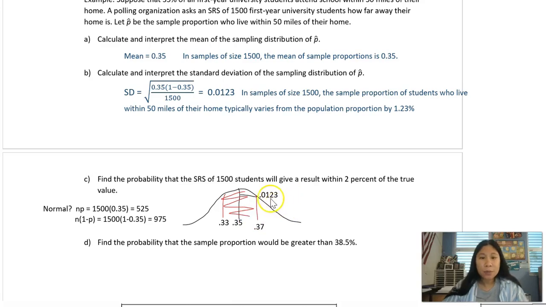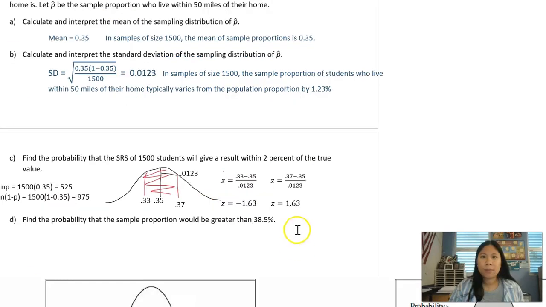Because we're dealing with normal curves, that means we're finding two z-scores and subtracting the percentages from each of the z-scores. When I plug into my z-score formula, I have the 0.33, that's the value that I want, minus the mean of 0.35, divided by my standard deviation of 0.0123. When I do that, I get negative 1.63. I do the same thing for my other number, and I get positive 1.63. Now I'm looking for those two z-scores in my z-score table.